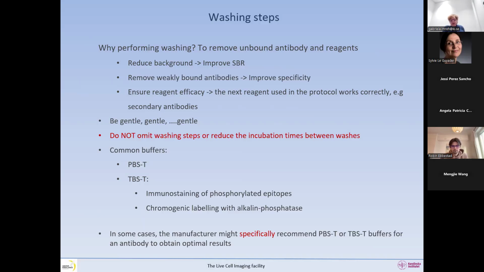And as I said, in some cases the manufacturer might specifically recommend one buffer over the other, PBST or TBST. Please follow their instructions, unless you have a particular reason to alter the protocol, something that you probably validated before, that it works.